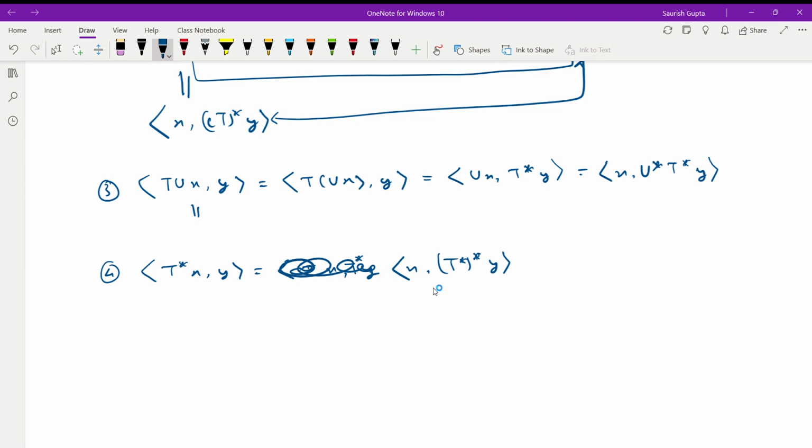This we had expressed in the previous lecture as well. So this can be simply written as <x, T y>. So from here again the equality comes into existence for all x, y. And similarly you can try it out for any arbitrary vectors x, y. Got it? Okay.